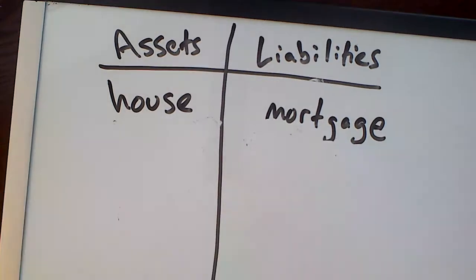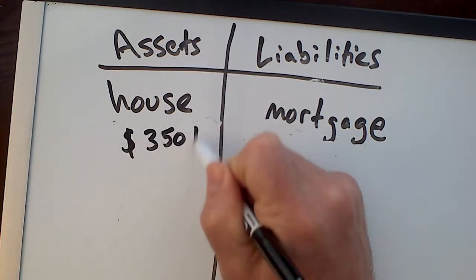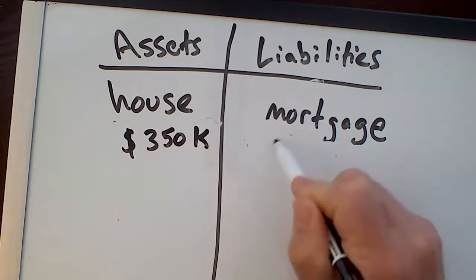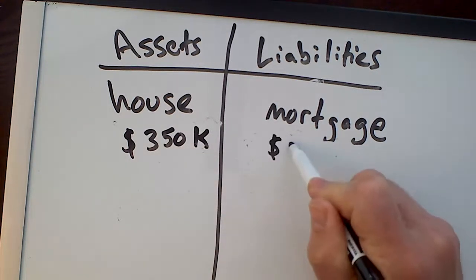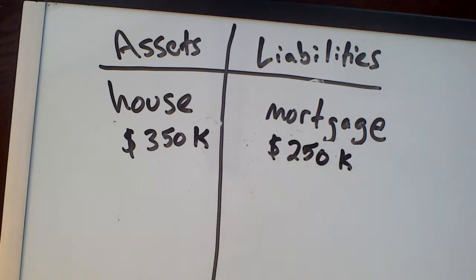And perhaps if all goes well, you have a house that has become $350,000. Meanwhile, you might have a mortgage that is down to $250,000 as you made payments on it. And if this was everything that was in your T chart, we could say that 350,000 minus 250,000 gives you $100,000 as your net worth.